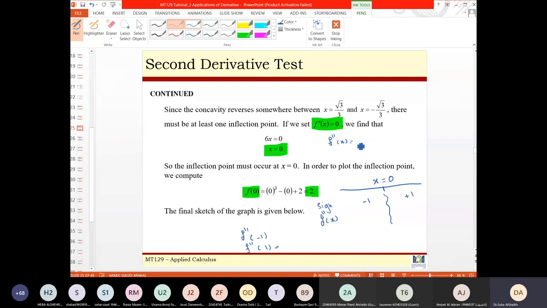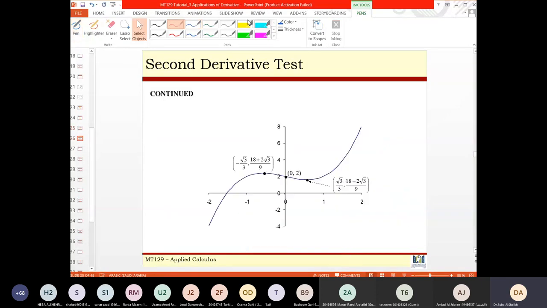F double dash of x, if you go back to the first slide, is 6x. So at -1 it is going to be negative, and at +1 it is going to be positive. We substituted with 1 and -1. So it is negative here, positive here, so it is concave down, then concave up.